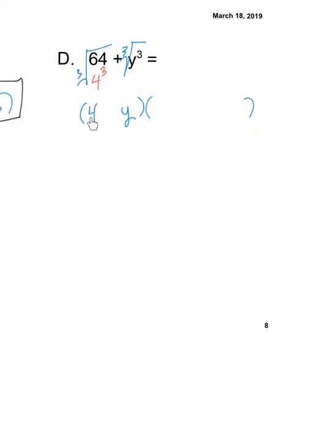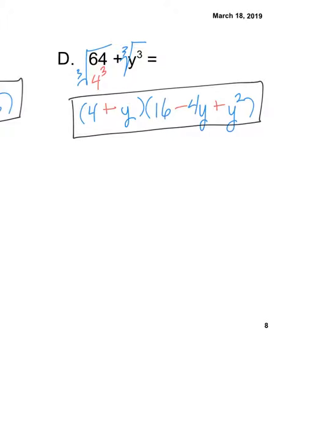To get your trinomial, we're going to square this and square this. So 4 squared is 16, and y squared is y squared. To get your middle term, you multiply these together, so you get 4y. Now our signs: same sign, opposite, always positive. And we're done.